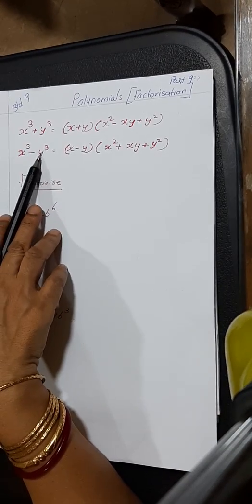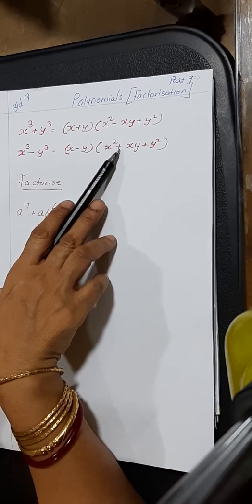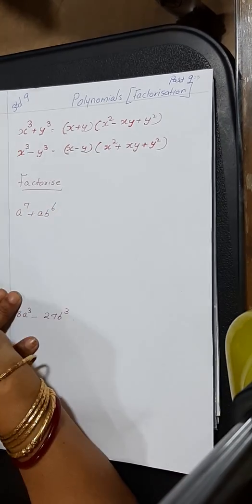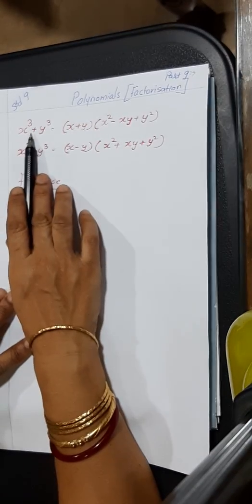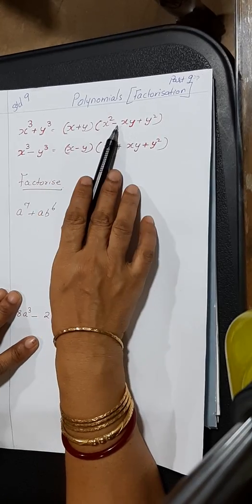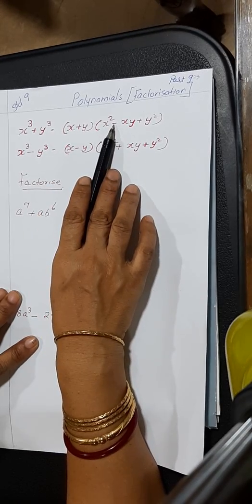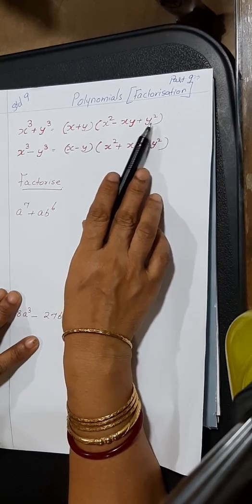Similarly x cube minus y cube is equal to x minus y into x squared plus xy plus y squared. So again, it's very easy to remember. The first term is x plus y, this is plus, and you have a negative term here, x squared minus xy plus y squared.